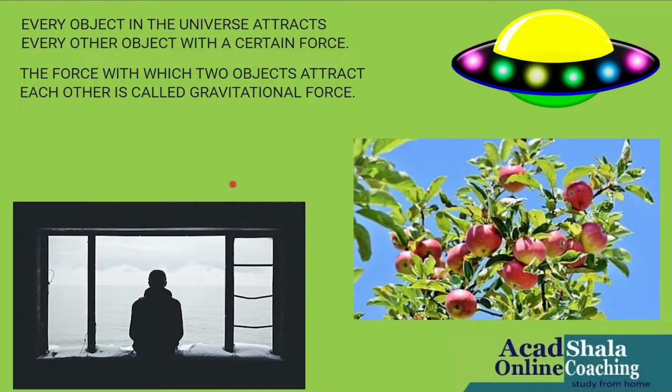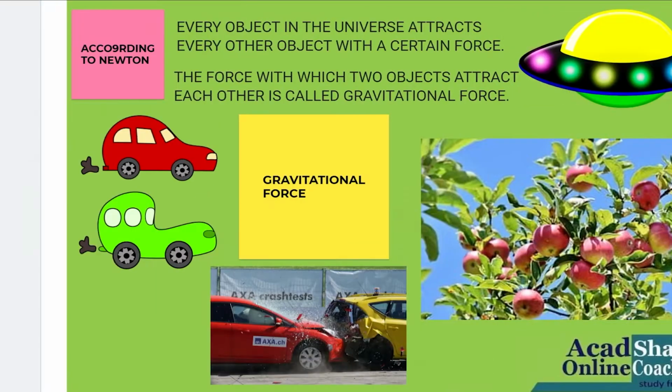If I'm holding a pen, the pen is getting attracted towards me and I'm getting attracted towards the pen. This is all happening. That means the things around us are attracted to each other. Another statement: the force with which two objects attract each other is called gravitational force. That means the force which is making us get attracted towards each other is known as gravitational force.